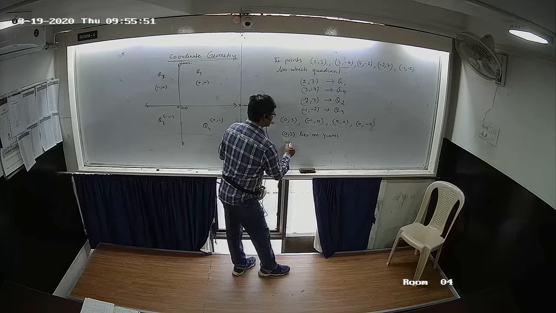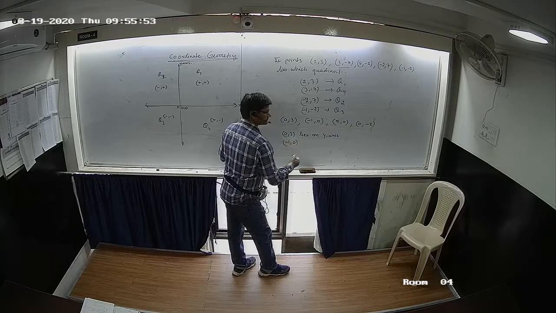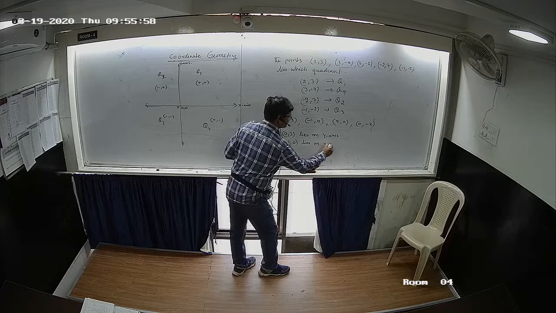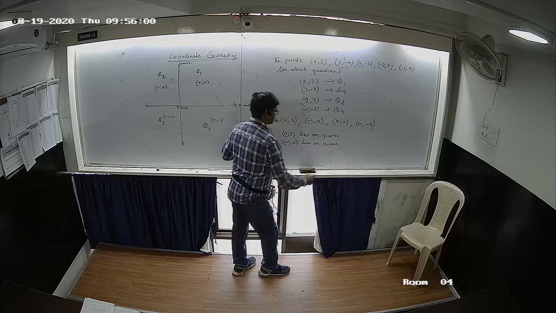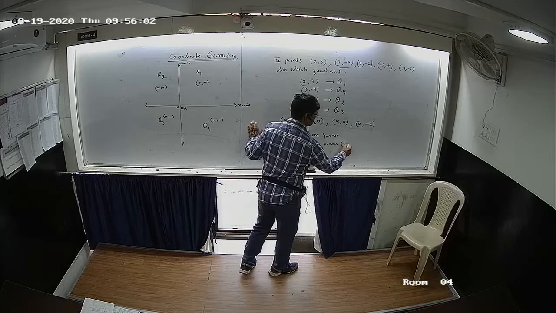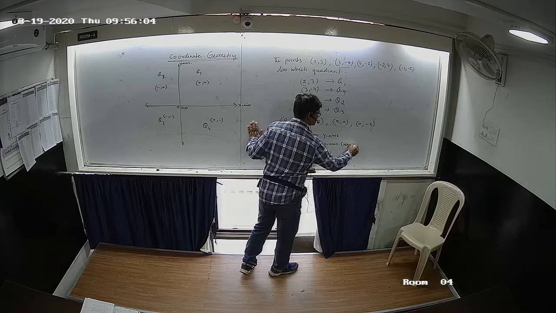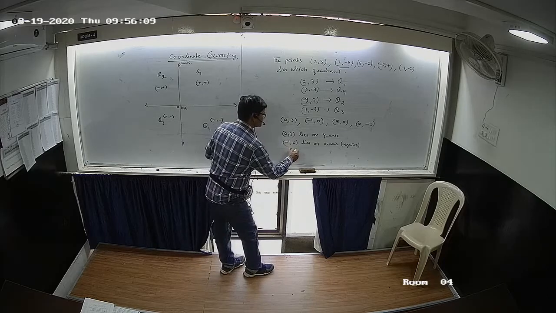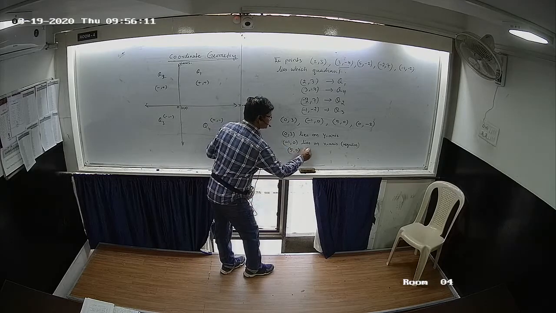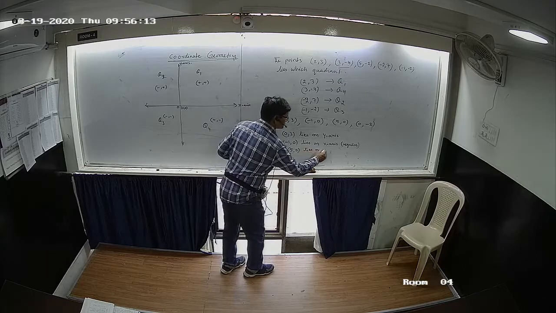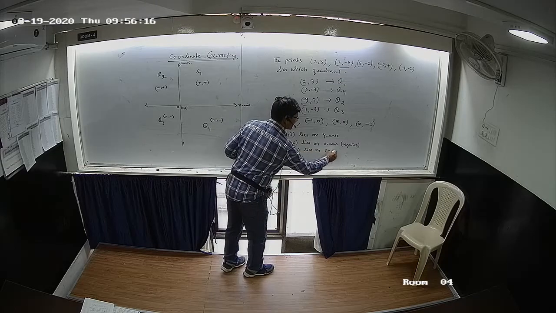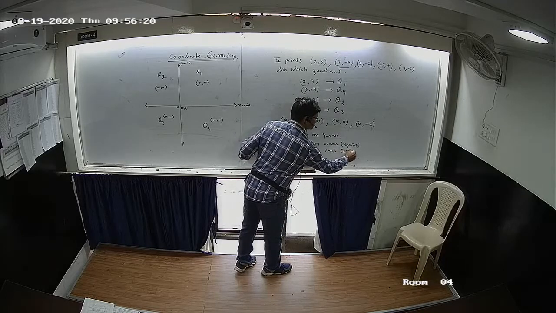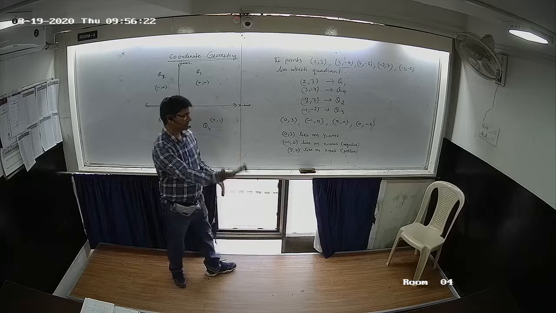Same way, (-1, 0) lies on the x-axis, that is the negative x-axis. And (4, 0) lies on the positive x-axis.